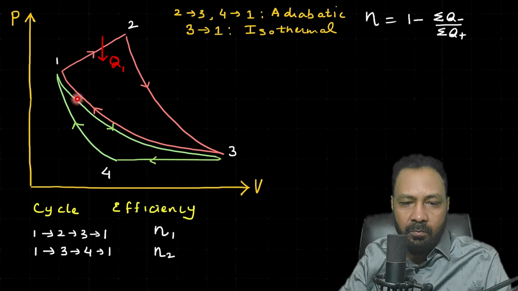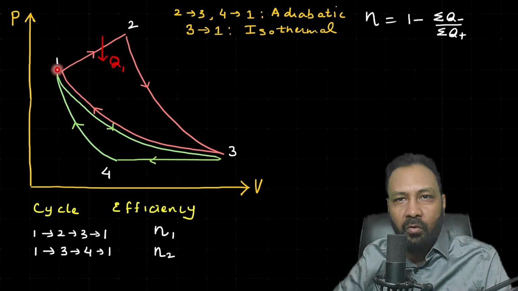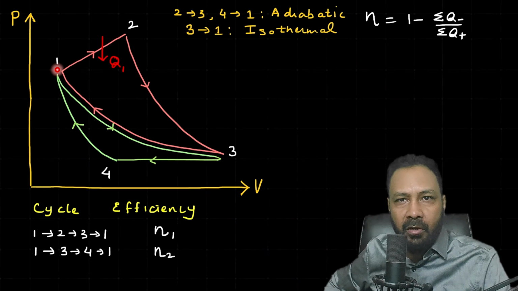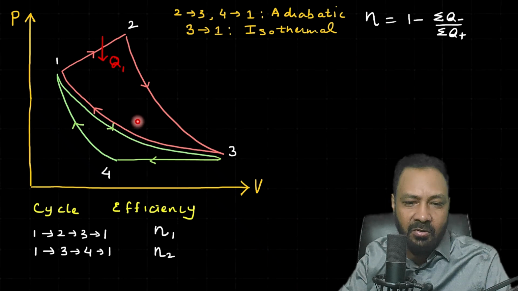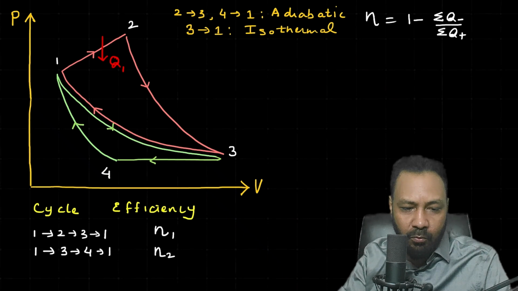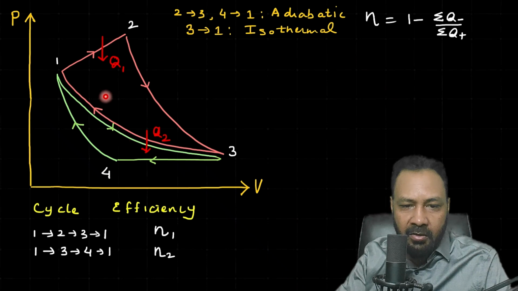This is an isotherm, so temperature change is 0, delta U is 0, and there is a decrease in the volume. So work done is negative, and Q is equal to W plus delta U, so Q is also negative. It means the heat will be rejected by the system, and that rejected heat is Q2. So the efficiency of this cycle, eta 1, is equal to 1 minus Q2 by Q1.